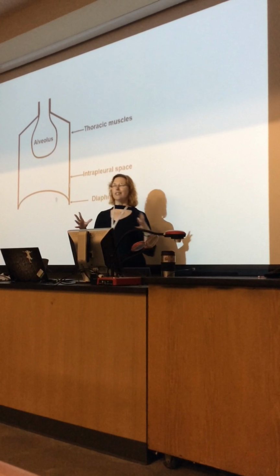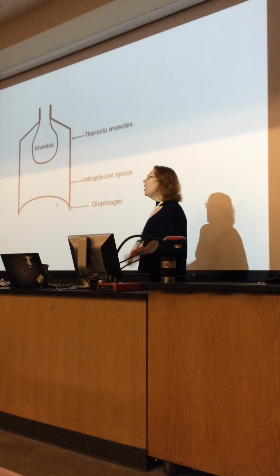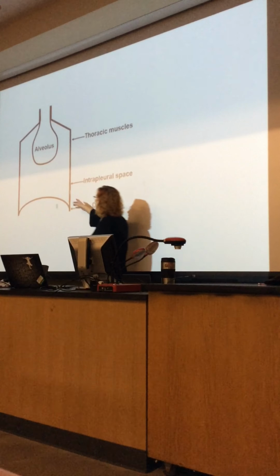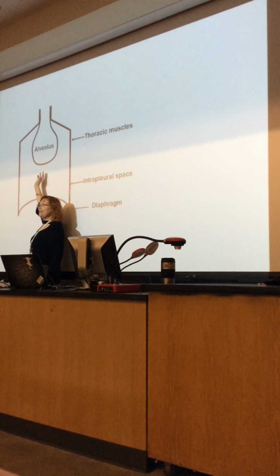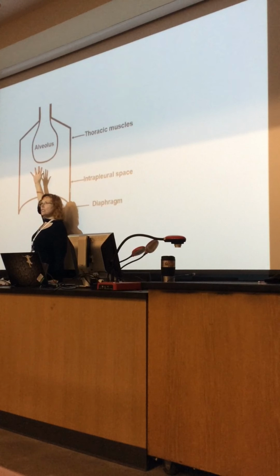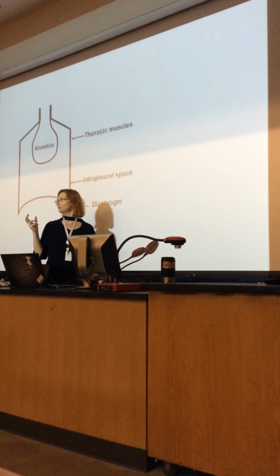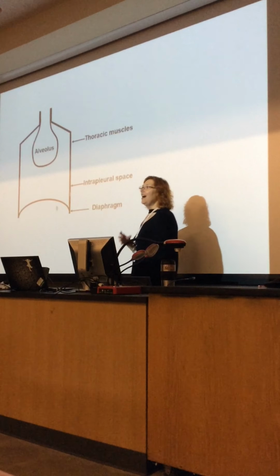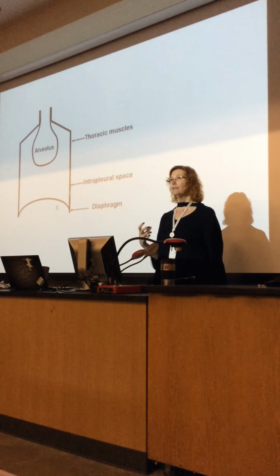I know this looks like a water bottle, one of those big ones, okay? What it represents is the chest wall, and instead of having two lungs inside with a billion alveoli, I'm just showing one single alveolus. But remember, there are hundreds of thousands of alveoli per lung.